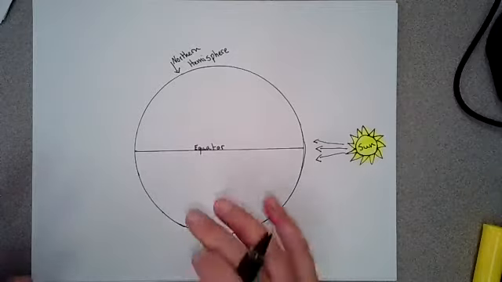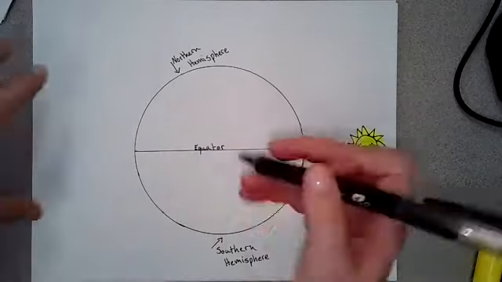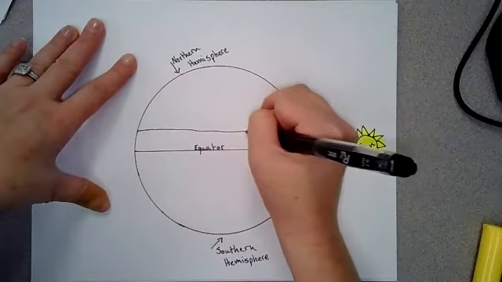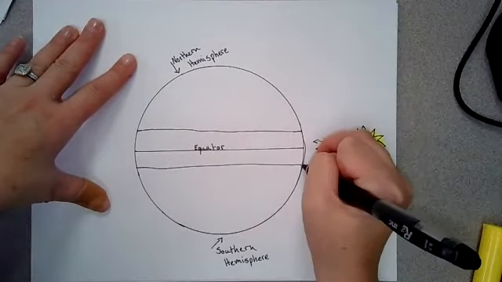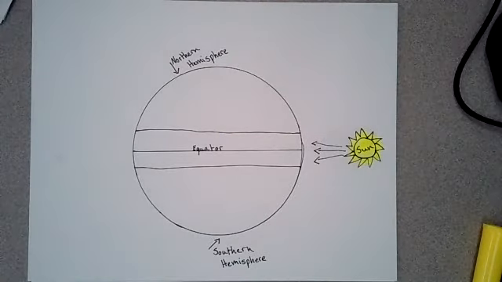So at the equator, this is what we like to call the tropical zone. So I want you to draw two lines here, one right about there, and one right about there. And then you're going to color this section red, because I want you to understand that it is warmer there, that it is tropical.